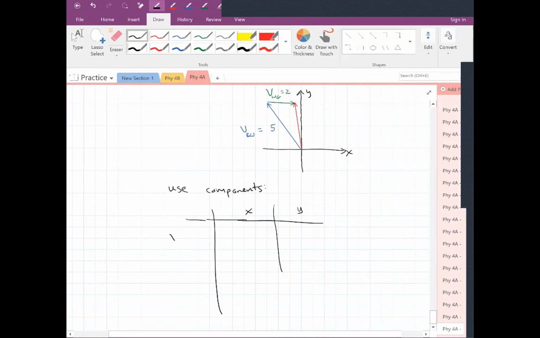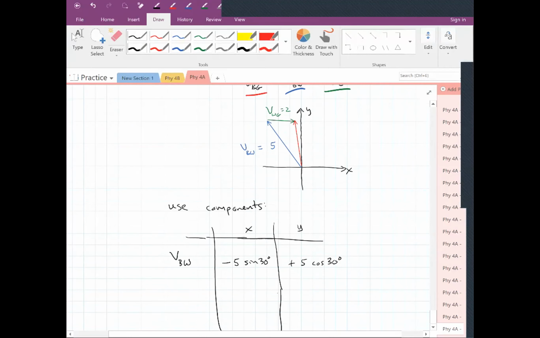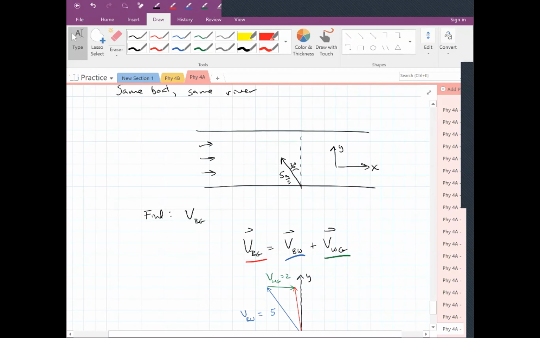So I've got the velocity of the boat with respect to the water. That's moving at, what is it? It's going to be to the left, so minus 5 sine 30 degrees and plus 5 cos 30 degrees. Did I get that right? Here's my 30-degree angle.